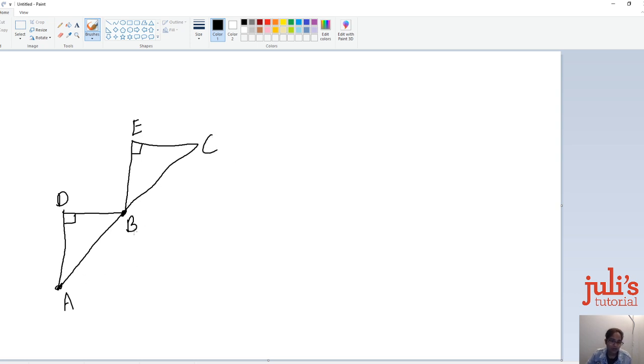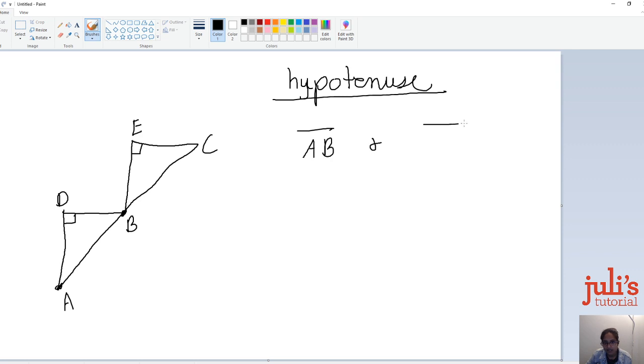The two hypotenuses are AB and BC, right? And if they're similar, then they have to have the same slope.